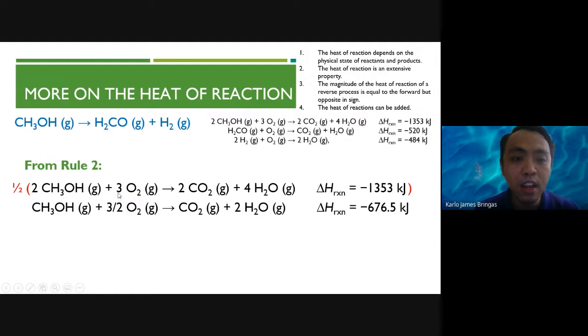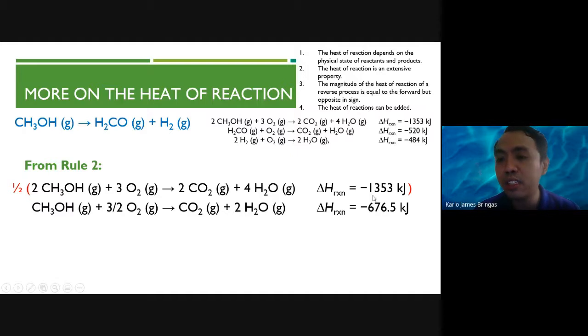The coefficient of oxygen, 3, divided by 2 gives us 3 halves. 2CO2 divided by 2 gives us 1 CO2 na lamang. And 4 water divided by 2 gives us 2 water na gas. And delta H is also the same.